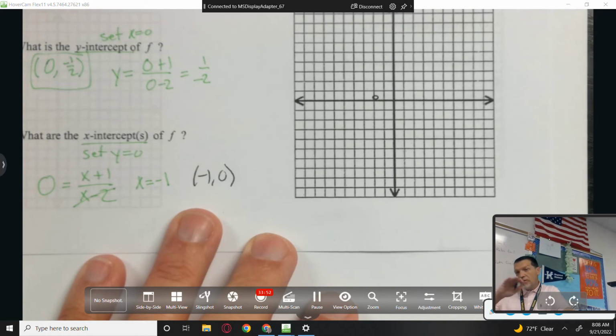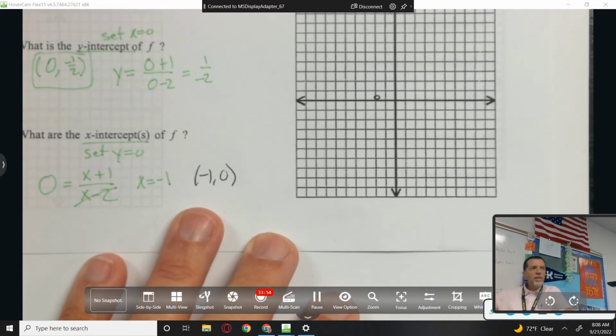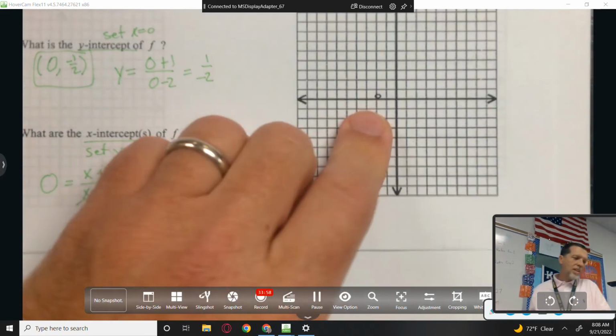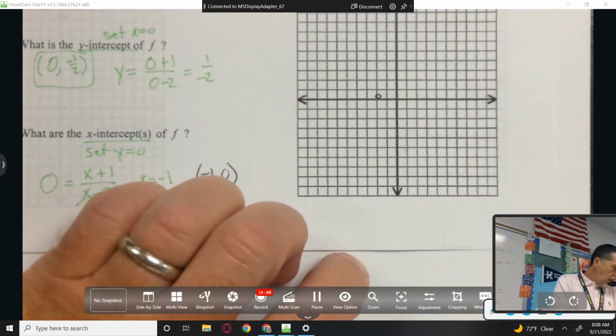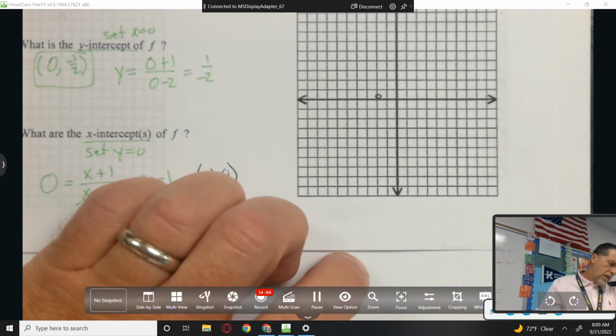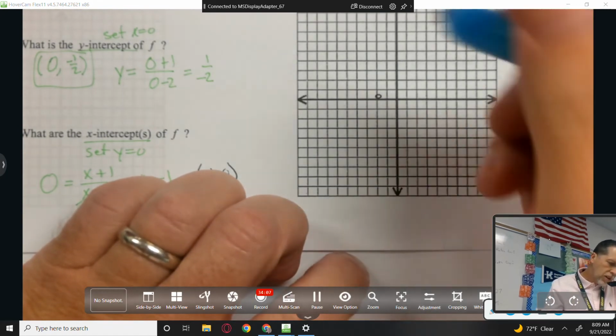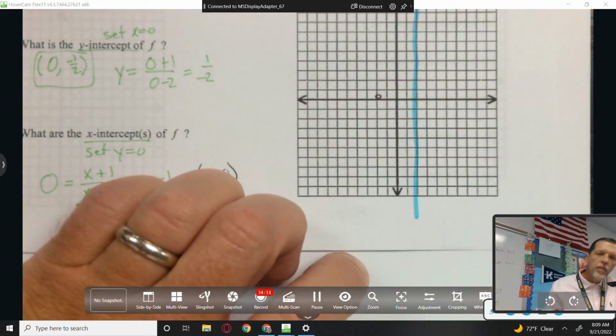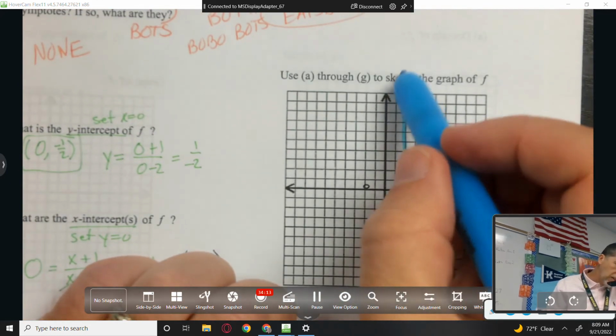The graph will go through that point, but sort of not through that point because that point's not allowed, but that's the hole. X equals 2 is a vertical asymptote. So there's my vertical asymptote at x equals 2.